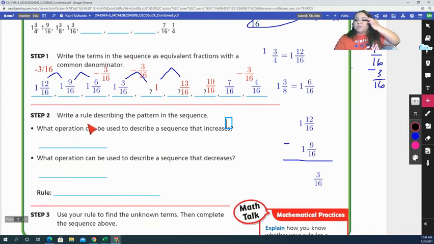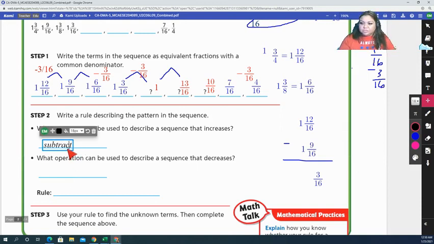So here we could just write the rule describing the pattern. What operation can be used to describe the sequence? Well, we're subtracting, right? Because it's going down each time we are subtracting. Actually, I'm sorry, I misread the question.